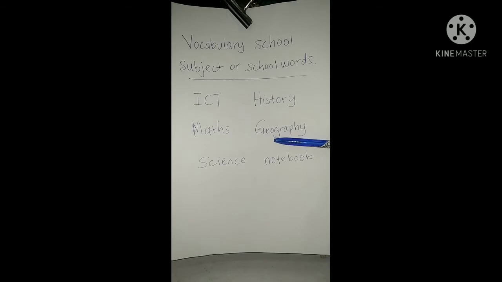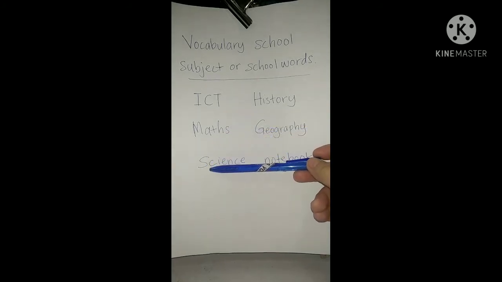Geography is also one of the subjects, but in Malaysia we don't learn geography in primary school. We only learn it during secondary school. And then here we have science. Everybody knows about science, right?